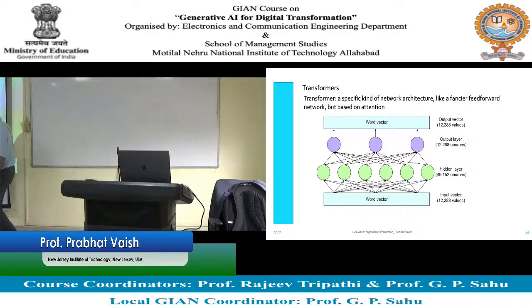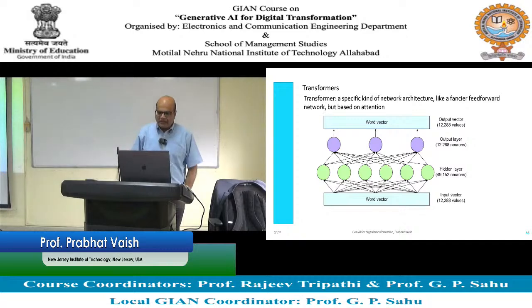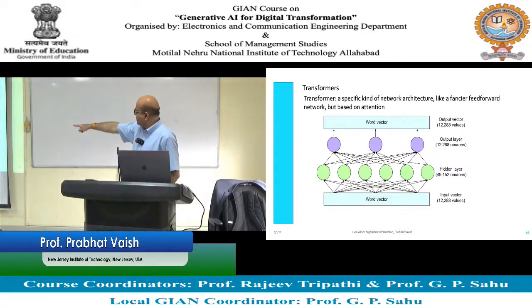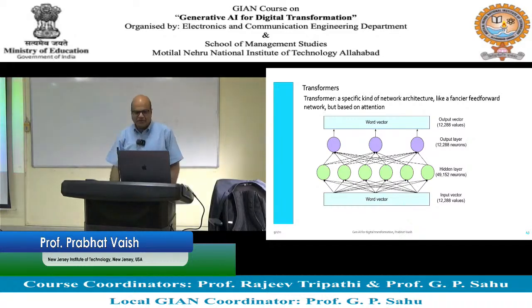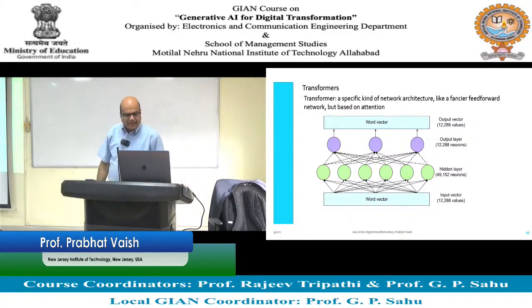Just these three layers, if you get the numbers calculated here, so 49,152 going into 12,288, 12,288 going to another 12,288, that becomes actually 1.2 billion weight parameters. And then there are 96 feed forward layers, a total 116 billion parameters.